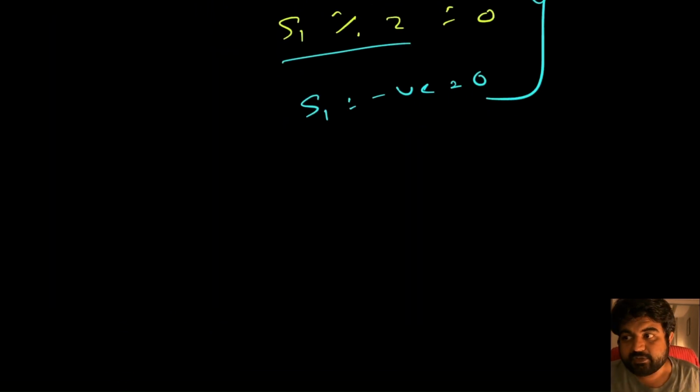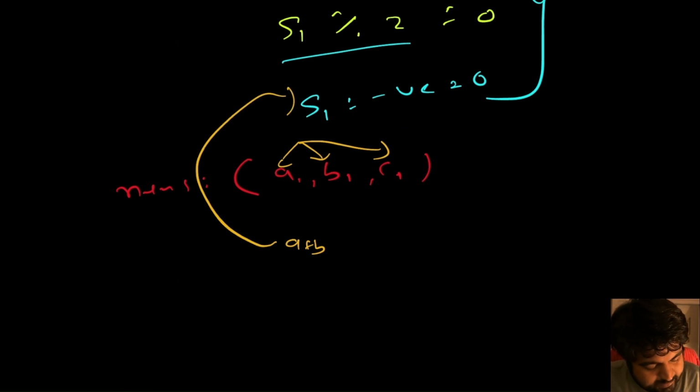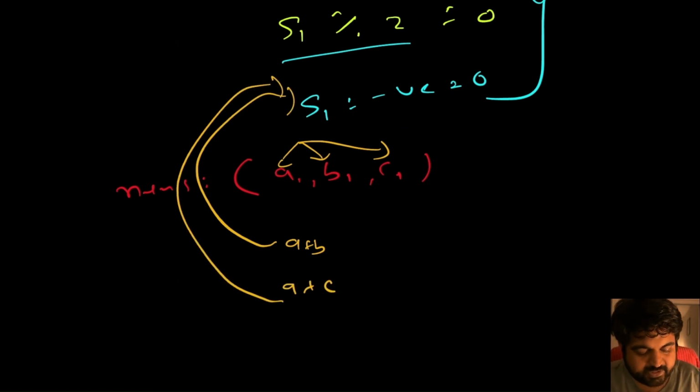Now let's come to the meat of the solution. The aim is that we are currently given a nums array that contains a bunch of different values. Let's say a1, b1, c1, all of these are some integer values. Now we need to create combinations amongst these values such that the sum of them, so a plus b could become s1, or a plus c could become s1, and so on and so forth.